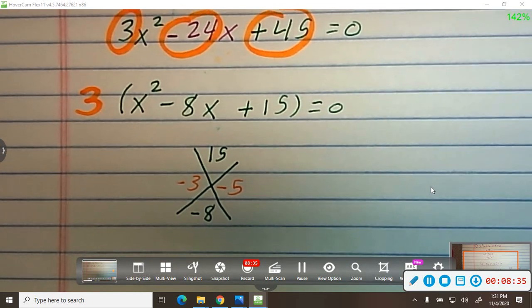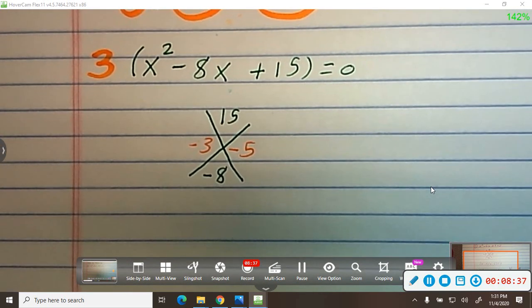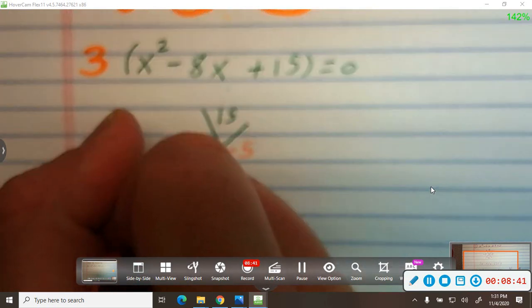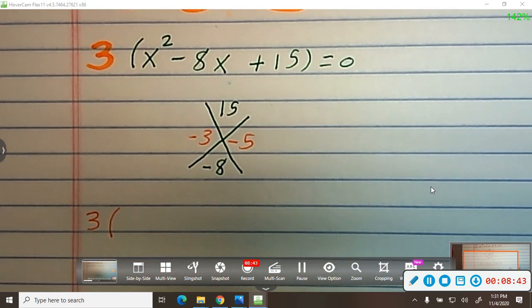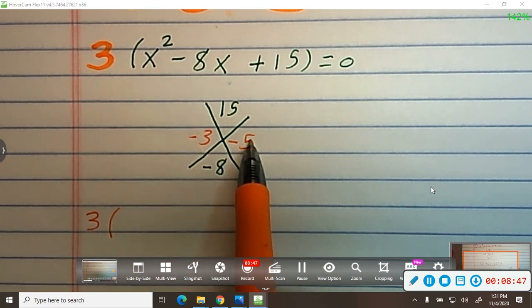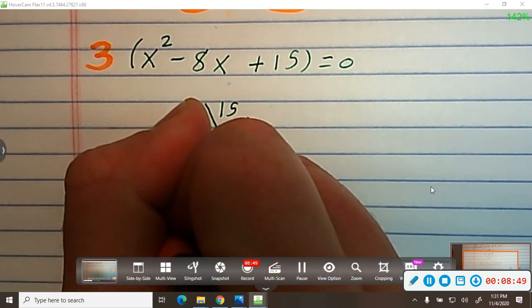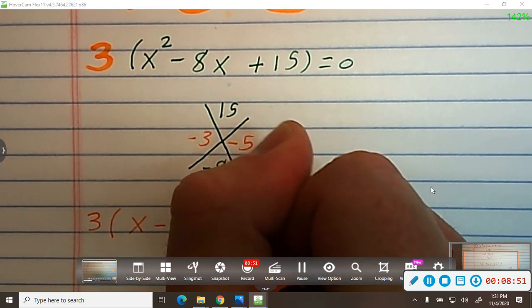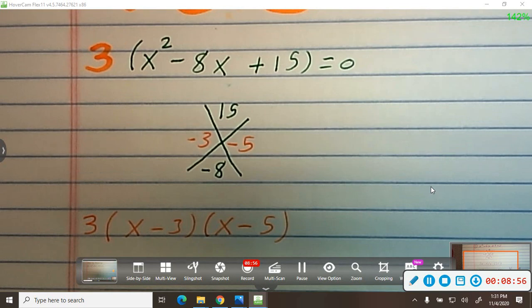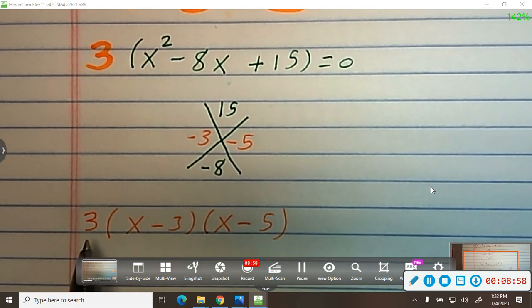Or negative 5, negative 3, same thing. So from there, I bring down my 3. And I do x minus 3, x minus 5. And it's factored. Okay, this is the factored form.